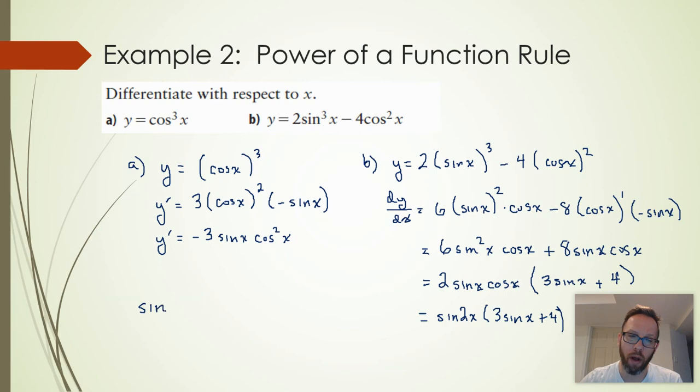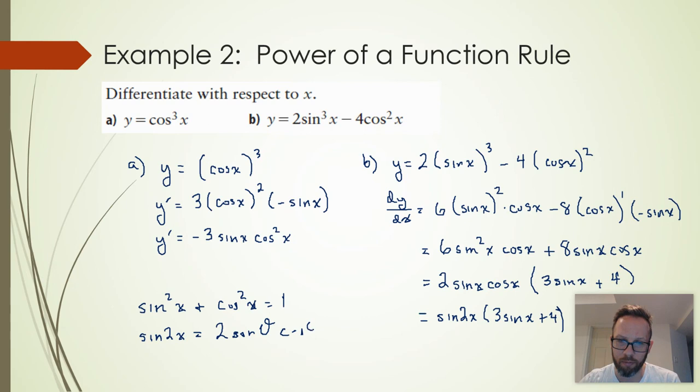Maybe you did not have that memorized, but if you memorize any identities, that's a super useful one. One main one you guys learned in grade 11 was the Pythagorean identity, sine squared x plus cos squared x equals 1. That's a really fundamental one. We use it a lot. You should have that one down as part of your math toolbox. But this one is super useful as well, that sine 2x equals 2 sine x cos x. That is another identity that you guys should have in your toolbox as well. Can be very useful.